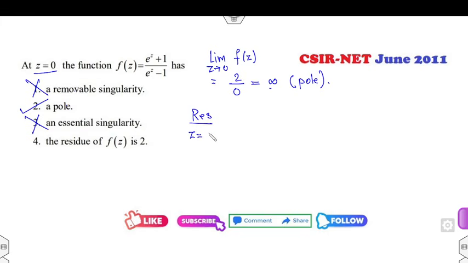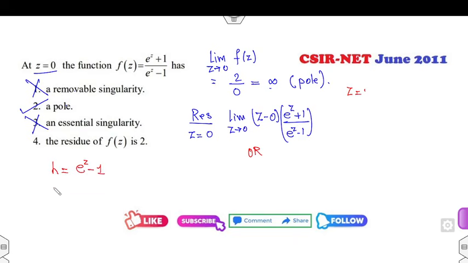Residue at z equal to 0. What is the pole of this function? You have to find the limit as z approaches 0 of (z minus 0) times f(z), which is 1 plus 1 over e^z minus 1. Firstly, we check the order. If I choose the denominator as h, what is h dash? e raised to the power z.